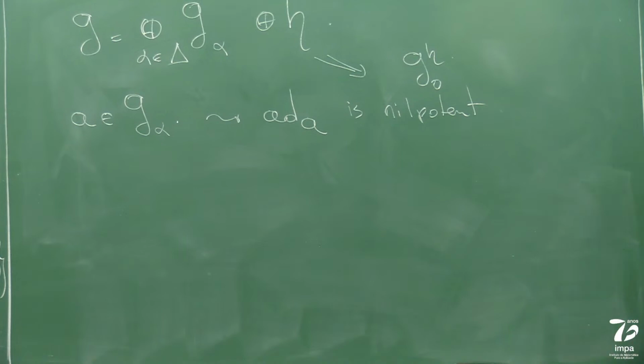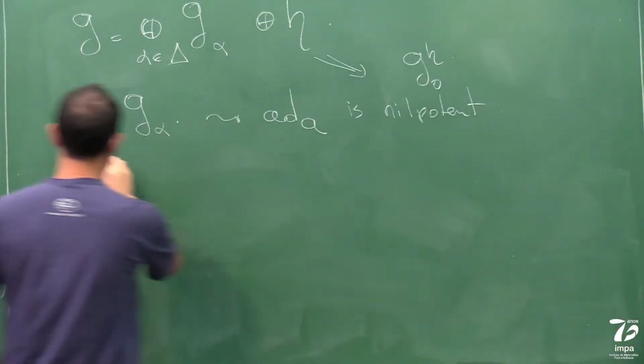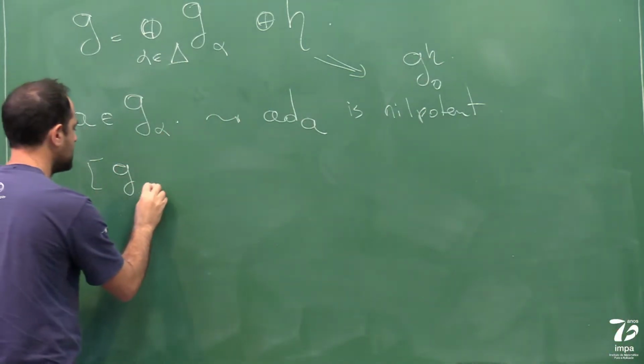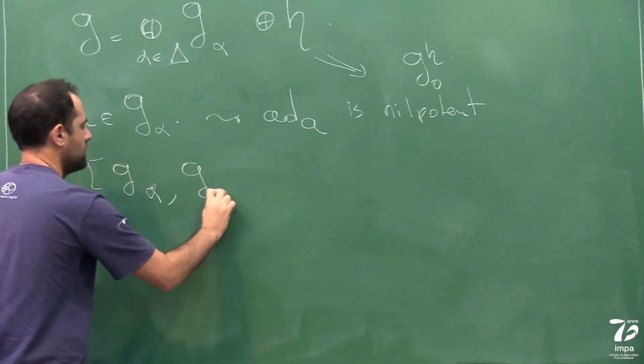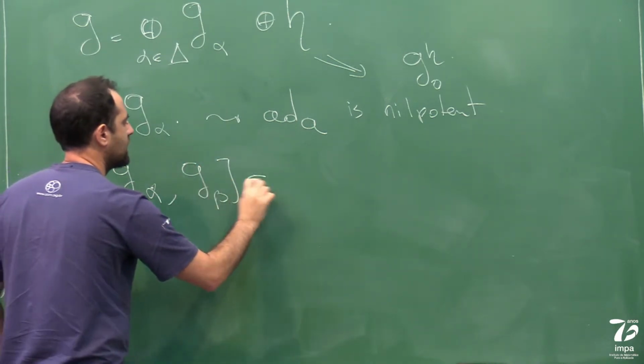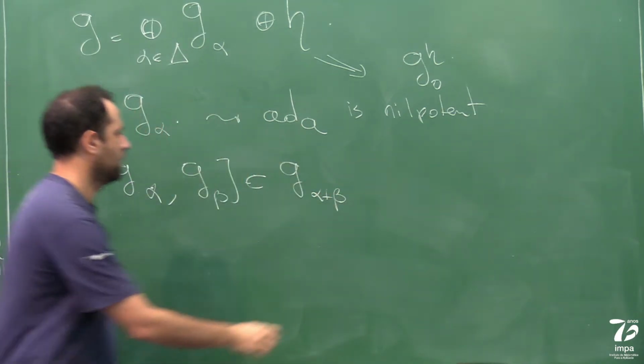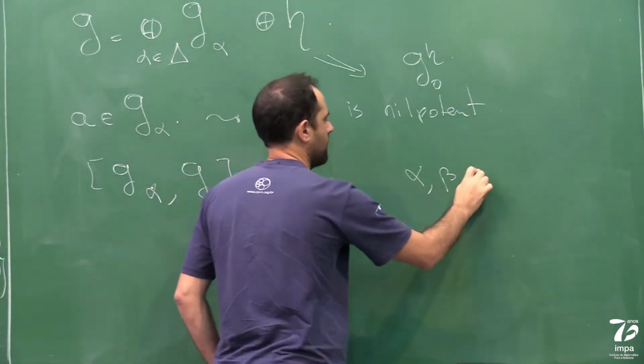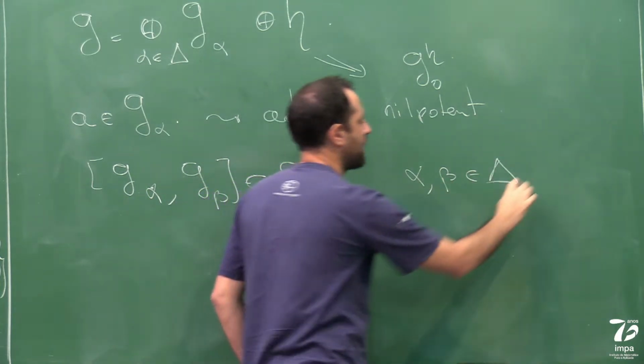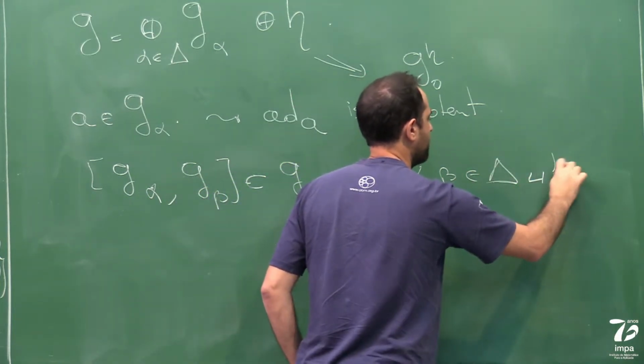That's very simple because we know that we have this identity that the bracket of G alpha and G beta is inside of G alpha plus beta, and here alpha could be either in this set, or 0.